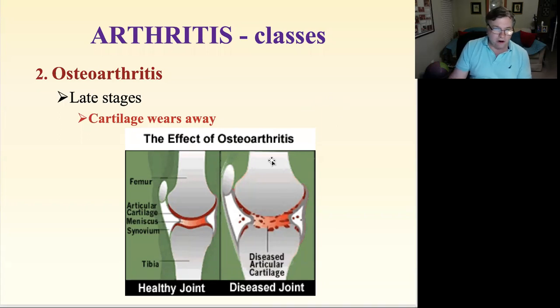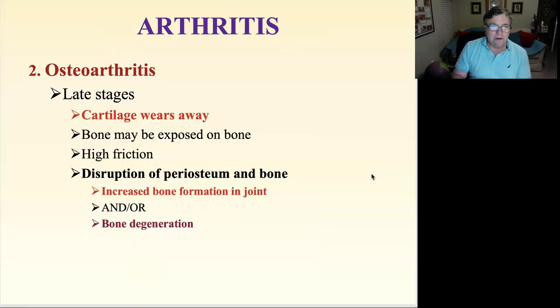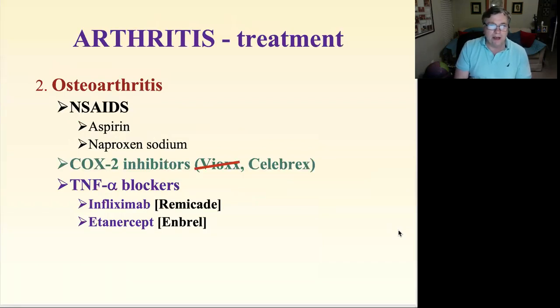Later on, the cartilage wears away again, and you're left with bone on bone. There's a disruption of the periosteum. You can get degeneration and bone formation. So the joints can basically take on a malformed configuration, and you can get valgus and varus in the legs if you have a knee problem that you normally wouldn't get.